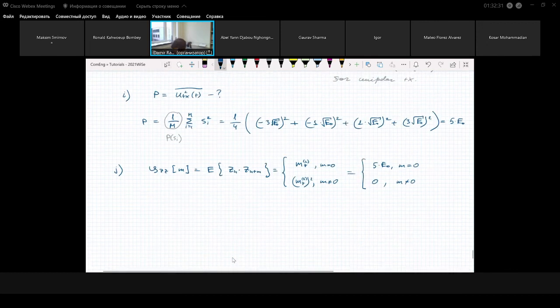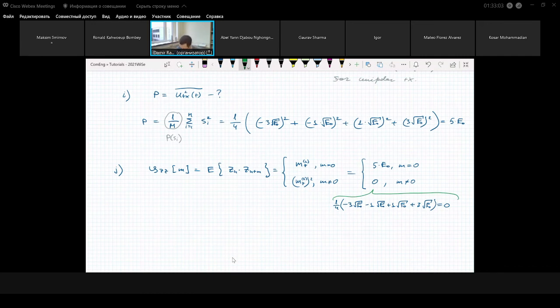I can write 1 over 4 times minus 3 square root of E0, minus 1, plus 1, plus 3 square root of E0, and it equals 0. This is the explanation for this 0 value of our autocorrelation function.